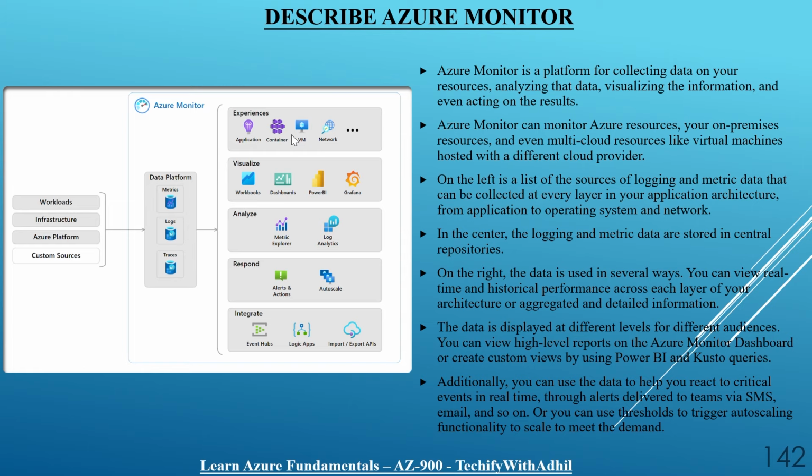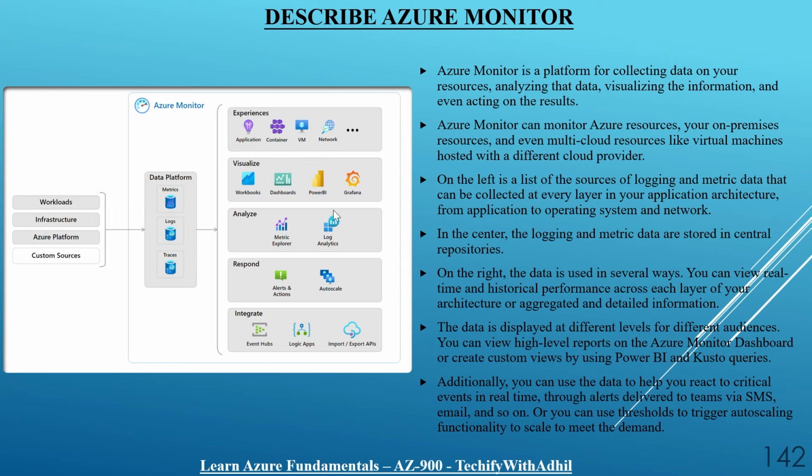Then on the right side is how your collected data is being utilized. So view, like you can have insights in the application, the container, VM. Then you can visualize in the workbook as dashboards using the Power BI report and also Grafana. Then you can analyze the data for logs.